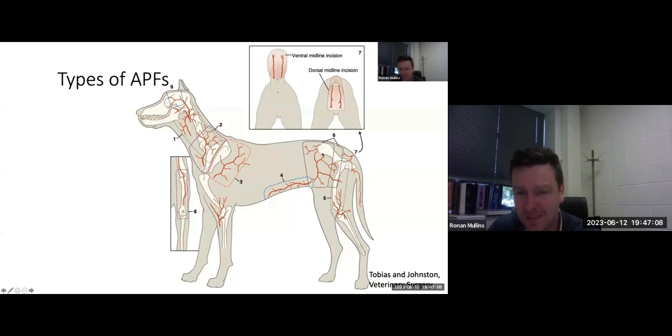We have the deep circumflex iliac, dorsal branch and ventral branch, with that ventral branch potentially providing some blood supply to that flank fold. We also have the lateral caudal or the tail axial pattern flap, and then we have the genicular reverse saphenous conduit flap. So there are lots of these out there published.